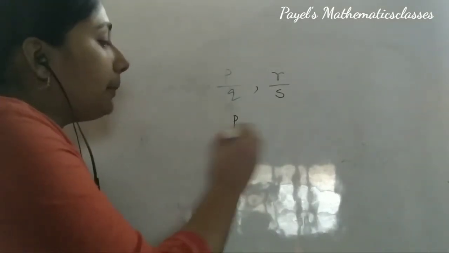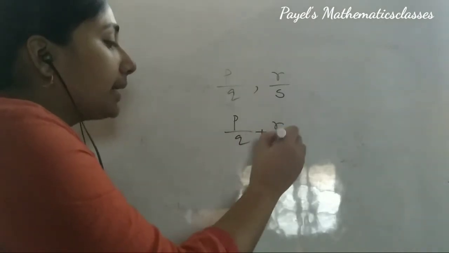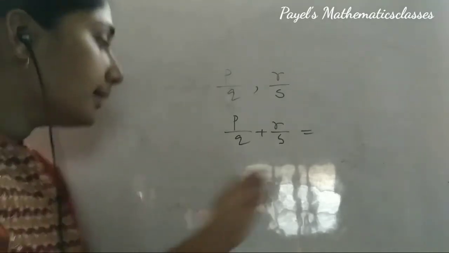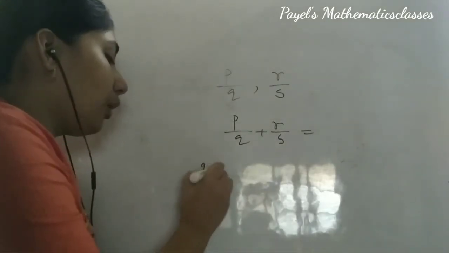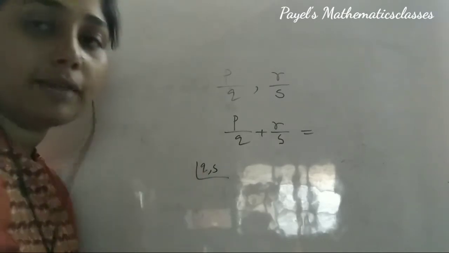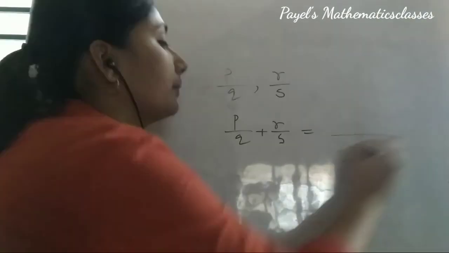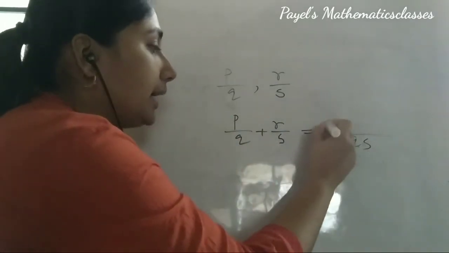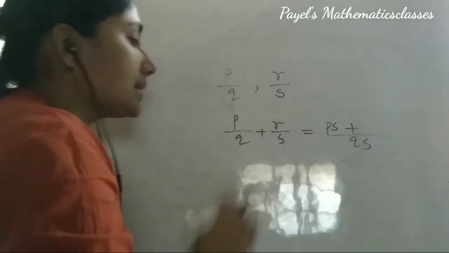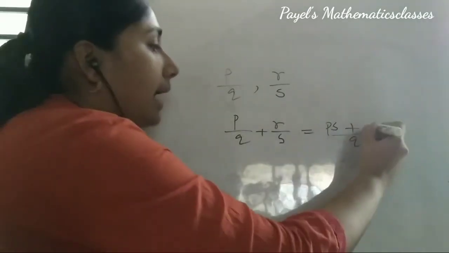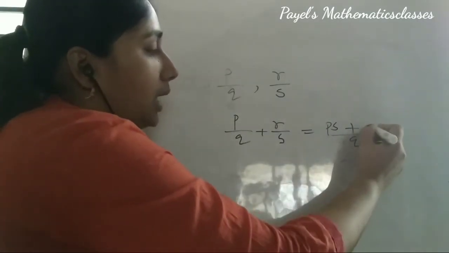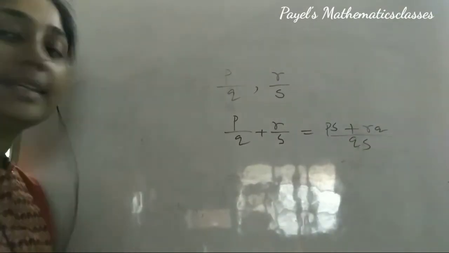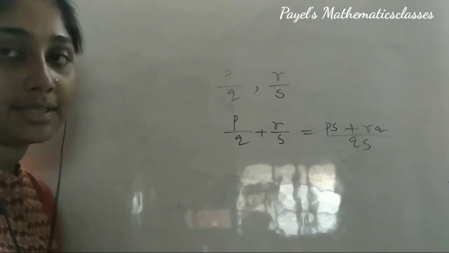Then P by Q plus R by S. To get the result, we have to find the LCM of Q and S. All of you know how we can find the LCM of the two terms, Q and S. Then S will be multiplied by P, PS, plus Q will be multiplied by R, RQ. In this way, we can find the sum of two rational numbers.